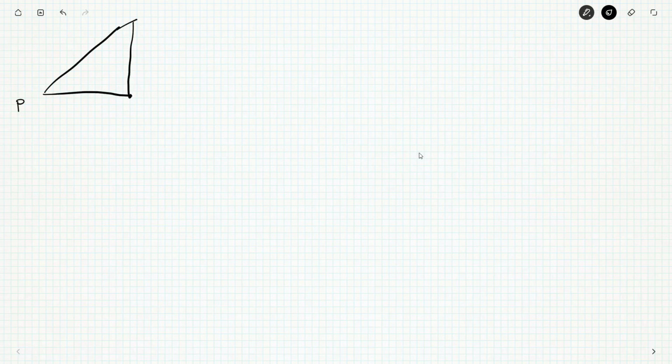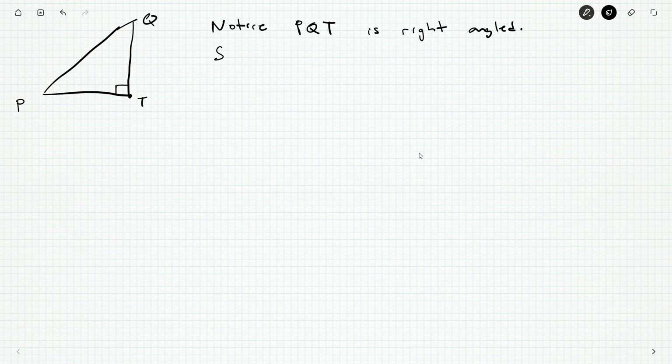So I'm not going to draw the whole figure right now, PQT, but I will say things like, notice PQT is right-angled, and we had 24 and 32 here.